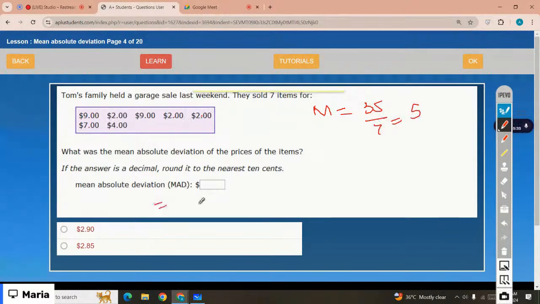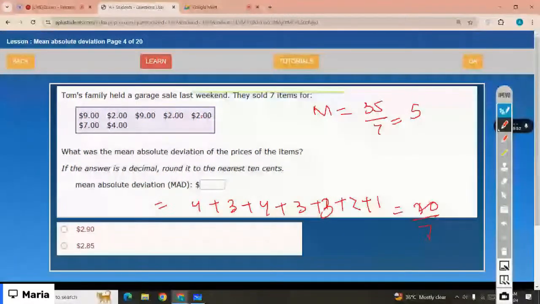So the deviations are 4, 4, 3, 3, 2, and 1. That is 20. So which is the correct option?